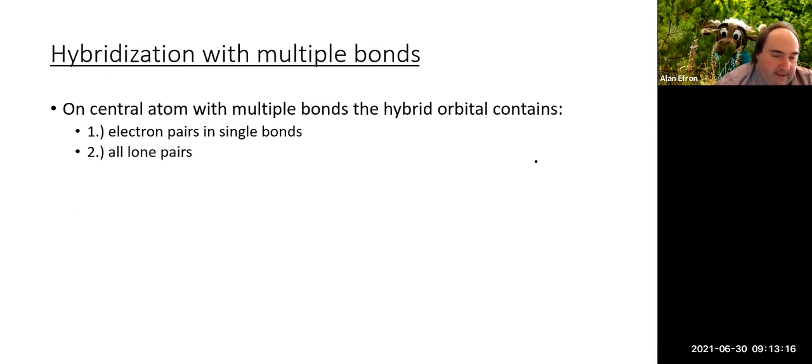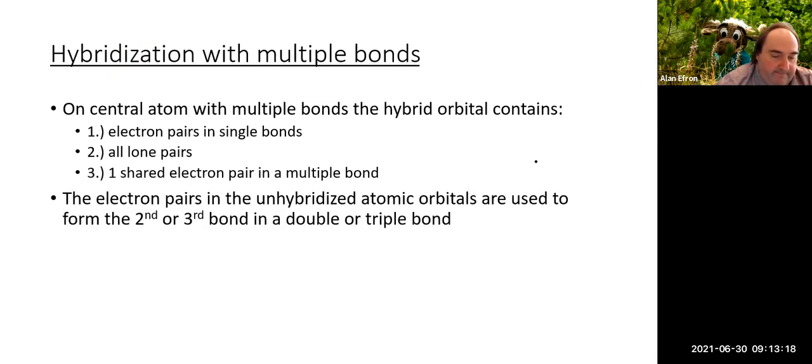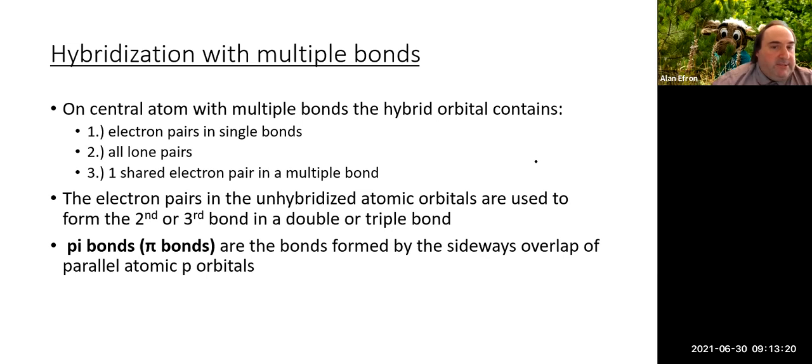So for example, when we have hybridization that involves a double bond or a triple bond, there are a number of things occurring in the hybridization model to allow those bonds to occur. And hang on real quick, where did that go?